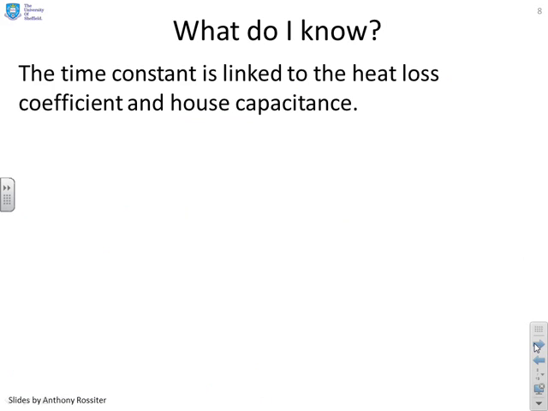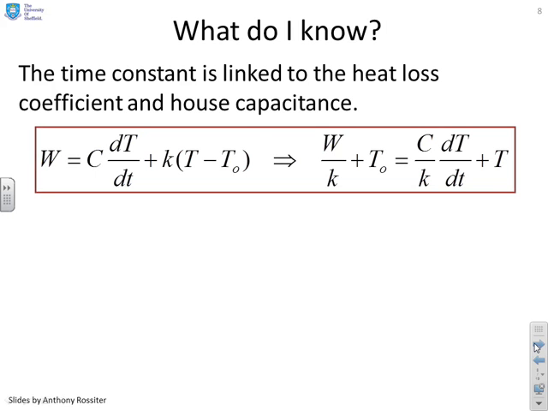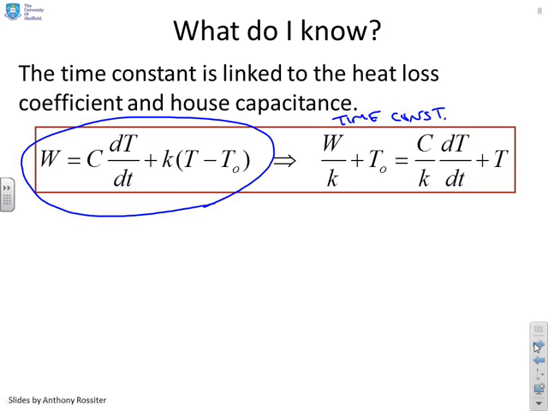Here's my equation that I actually derived in terms of what do I know. I said I had W equals C dT/dt plus K(T minus T0). I'm going to rearrange this into my standard time constant form.